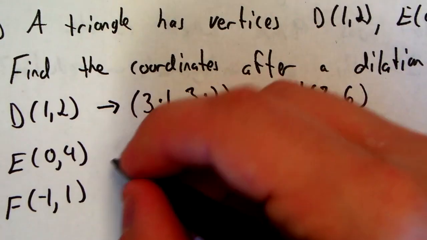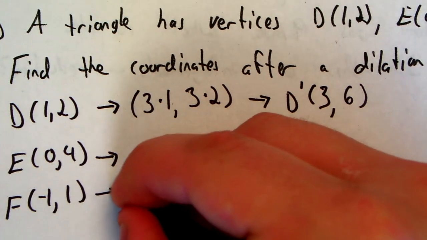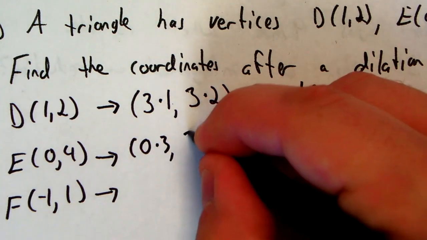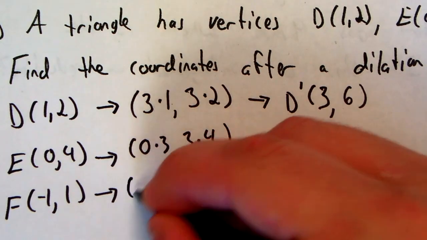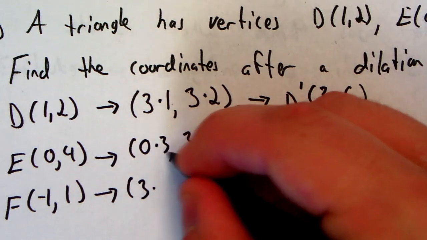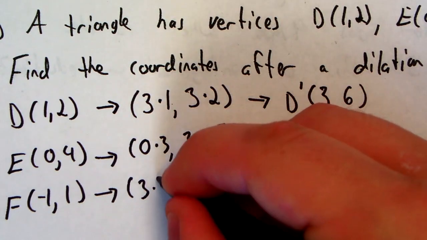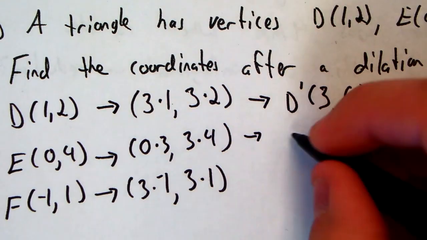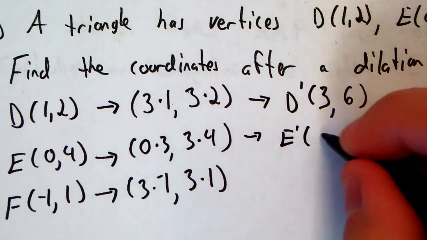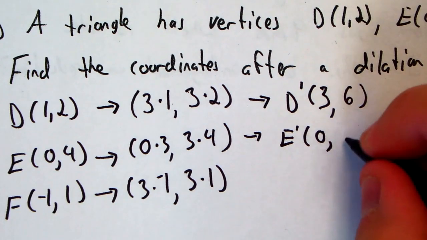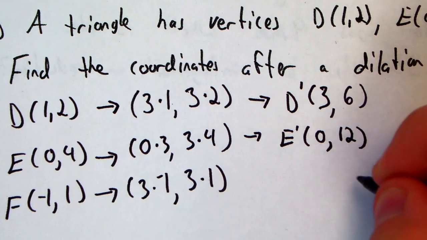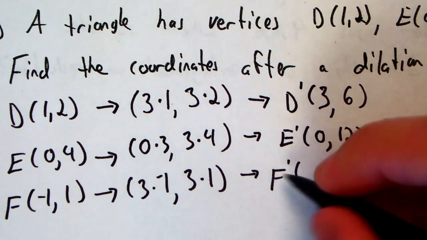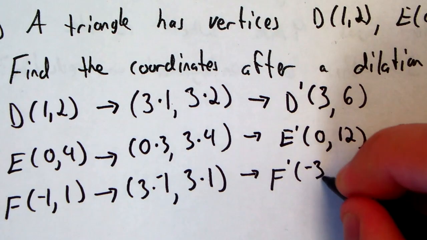Same thing moving down for both E and F. We would have 3 times 0 and 3 times 4 for E. We also have 3 times -1 and 3 times 1 for F. So E prime, 3 times 0 is 0, 3 times 4 is 12. And F prime, 3 times -1 is -3, and 3 times 1 is 3.